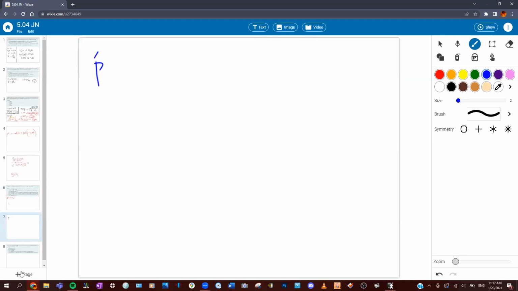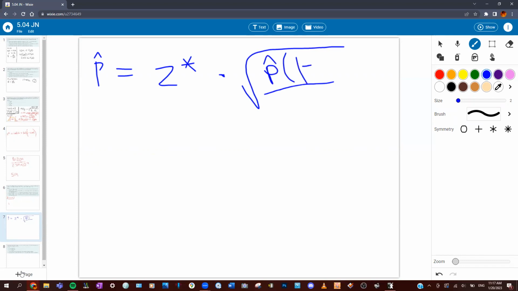P hat equals Z star times, kind of hard to draw, and then our usual thing that we already used on the margin of error formula, which is this. Or not, sorry, I don't know why I said equals plus or minus. That's actually what it is. So yeah, that's the only difference. It's pretty much the same as the other one, but you just have to do p hat plus or minus. And we still find the things the same way.